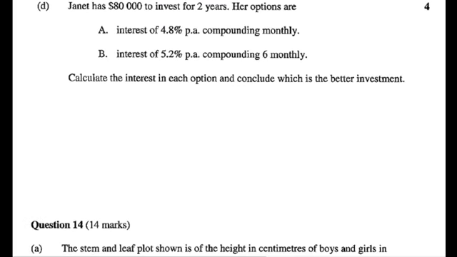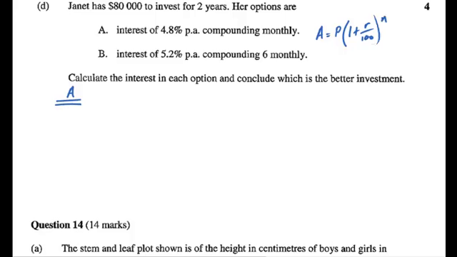Okay, and moving on to part D, a financial question. So we have an investment of $80,000 for 2 years and 2 options. So we need to find which is the better investment. So let's look at option A. So remembering, first of all, that our compound interest formula is principal times 1 plus the rate over 100, to the power of the number of compounding periods.